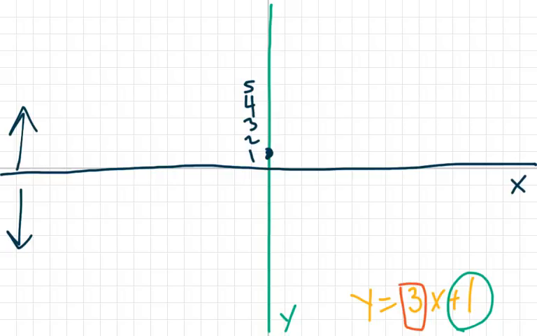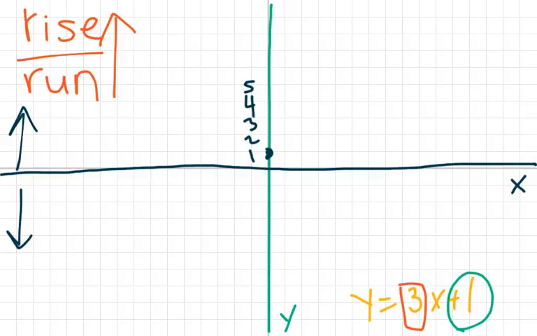So our rule of thumb for our slope is always going to be rise over run, because we're always going to rise up the y-axis and run along the x-axis. So 3 is positive, so we're going to rise positively up the y-axis. So I'm going to rise 1, 2, 3. And I don't have a number that it's over, but anything that's a whole number can be divided by 1, and I'm going to get the same answer.